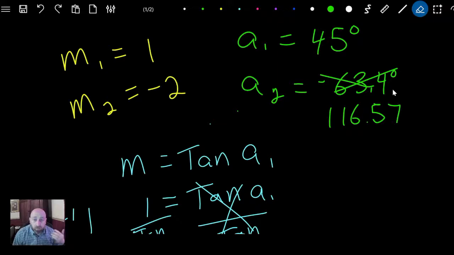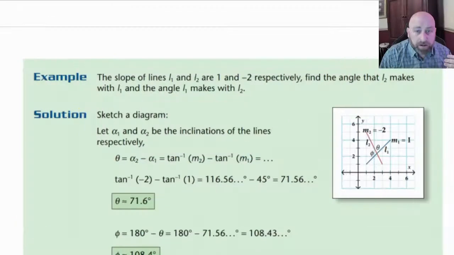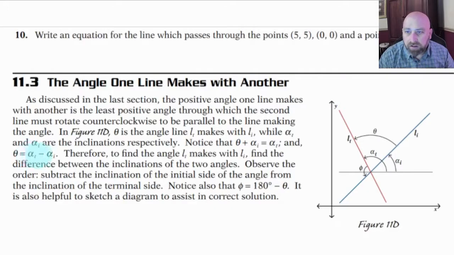Now let's skip back over to the book. Now that I know the alphas, what do I do? If you go back here to page 208, you'll see that to find our theta we just take our angles and subtract them: the second angle minus the first angle.